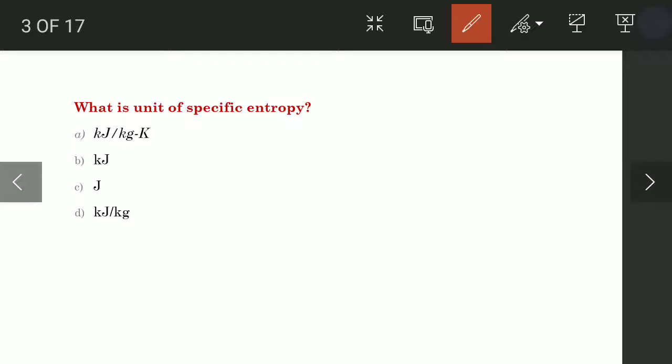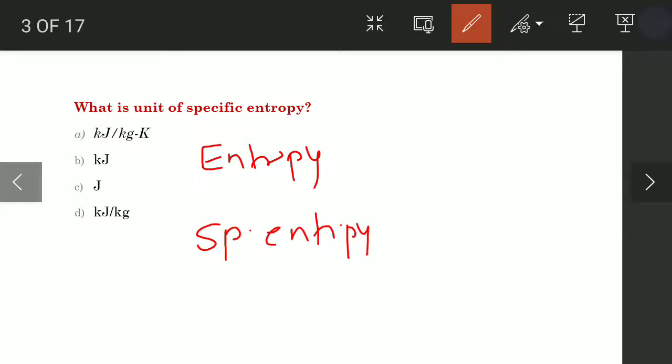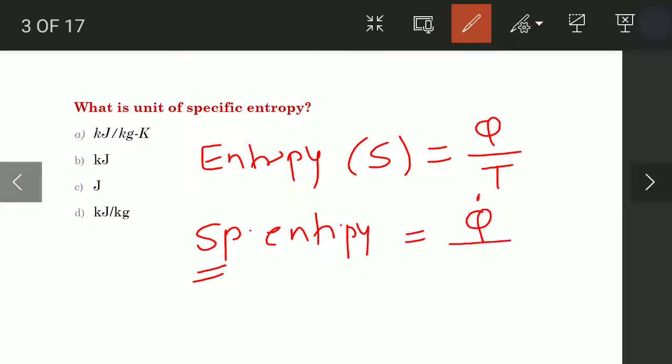Second question, what is the unit of specific entropy? Now what is the difference between entropy and specific entropy? Entropy is denoted by capital S, which is the ratio of Q by T, where Q is in joule or kilojoule and temperature in Kelvin.